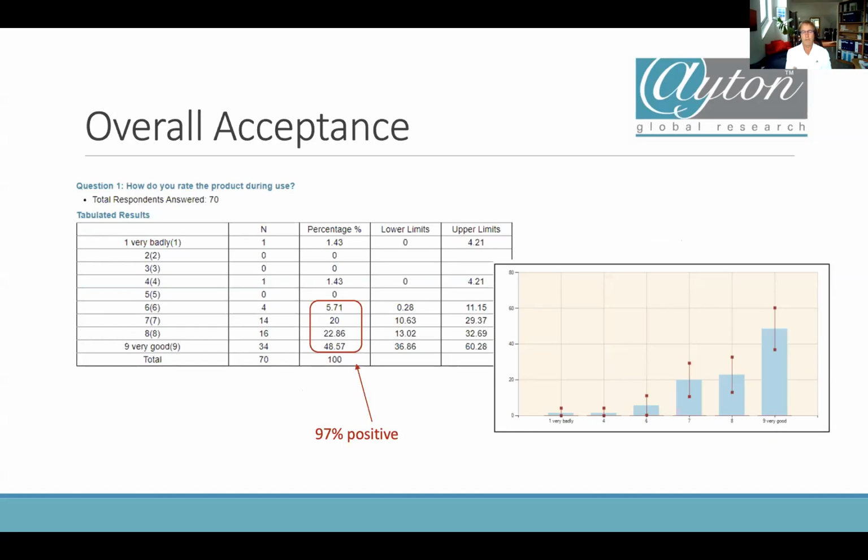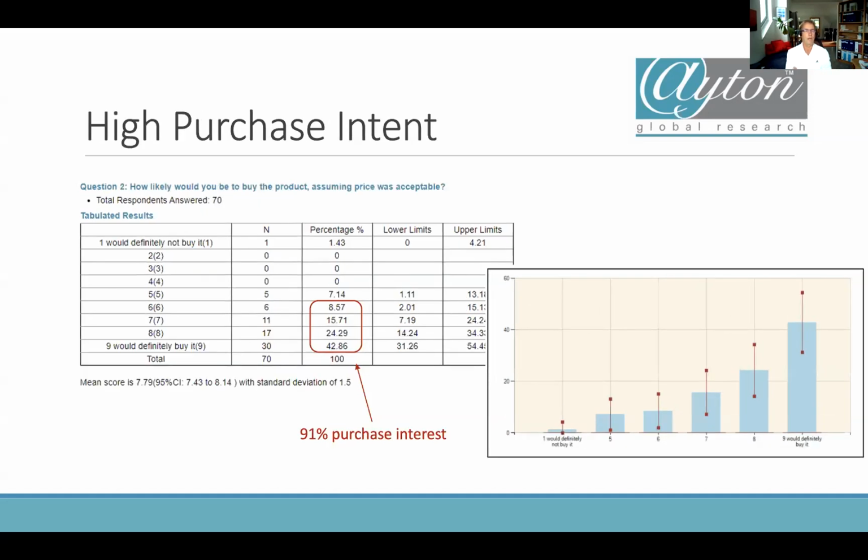And over here you see very, very positive results. I think there were about 2 people who didn't really like it, but 97% judged it very positively. So this was an extremely well perceived product. So definitely a good product, which is also reflected in the purchase interest.